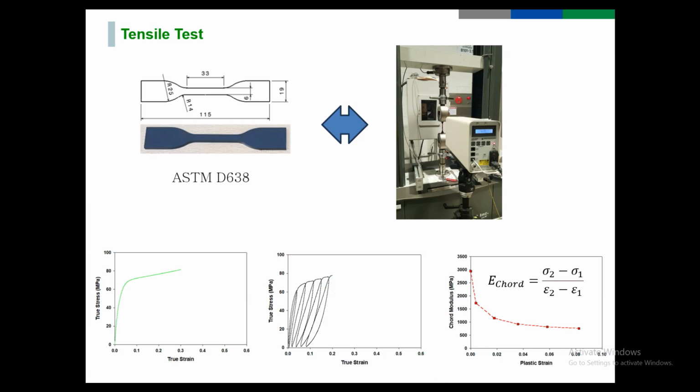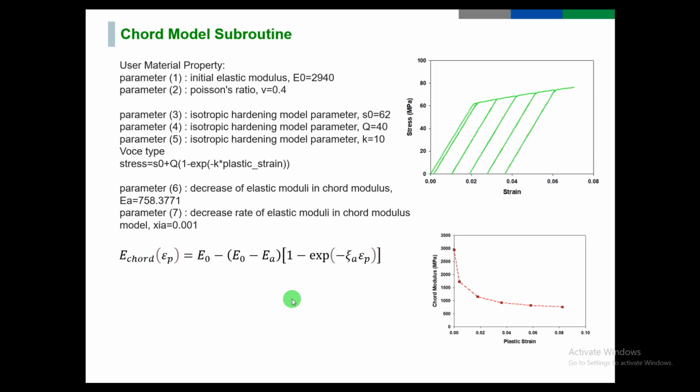After preparing these points from your loading and unloading, you need to define or calibrate your model using the CAE model. In your CAE model, we define the initial elastic modulus and Poisson's ratio, and then define the S0 Q curve, and also the final Young's modulus and eta as the decrease of elastic modulus during loading and unloading.